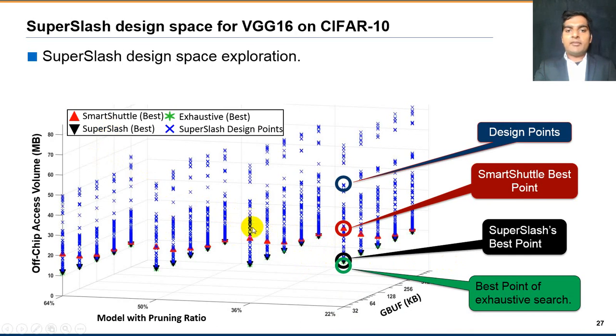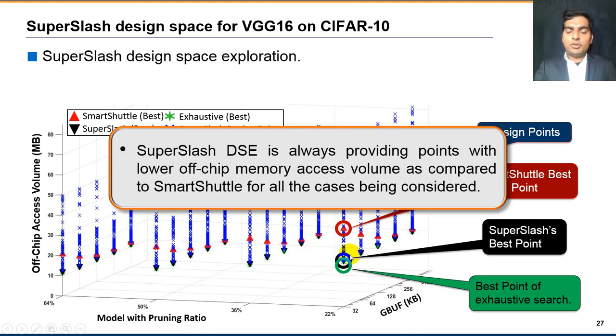And it can be observed for the SuperSlash model, the SuperSlash DSE is getting better results as compared to the Smart Shuttle DSE, and its performance is close to the exhaustive search. This is due to the extended design space traversed by SuperSlash owing to its better strategies for the search space reduction.